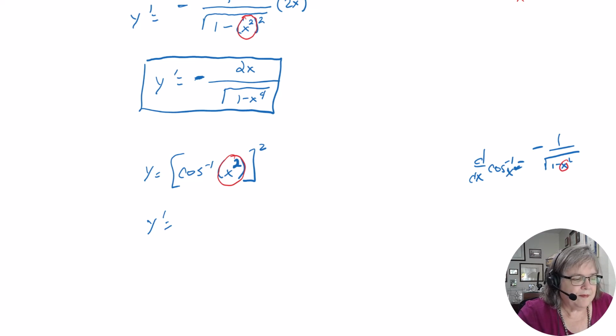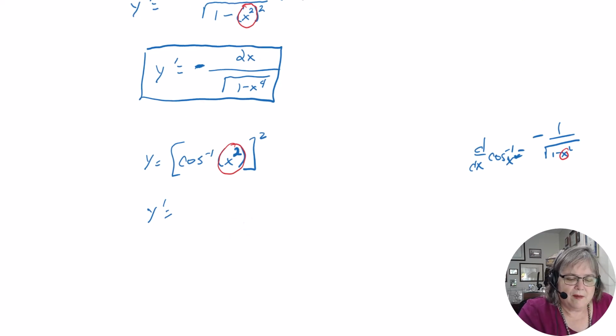All right, doing okay? But what we have is a power rule on the outside, so we're going to do the chain rule. So we bring the 2 down. We leave the inside alone. Okay, so this is the inside. We take 1 off the power, and then we loop back in and take the derivative of the inside. So we would have, and the inside is this part right here.